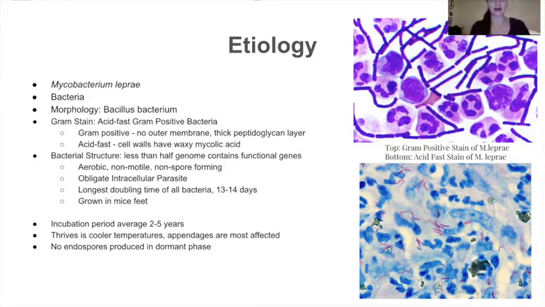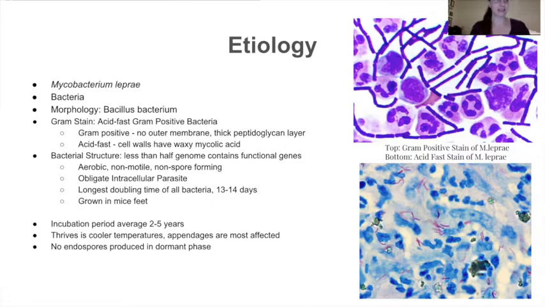It is gram-positive because there is no outer membrane and it has a thick peptidoglycan layer. However, the gram stains tend to not stick as well because it has a waxy mycolic acid around the cell, which makes the acid-fast dyes more reliable.